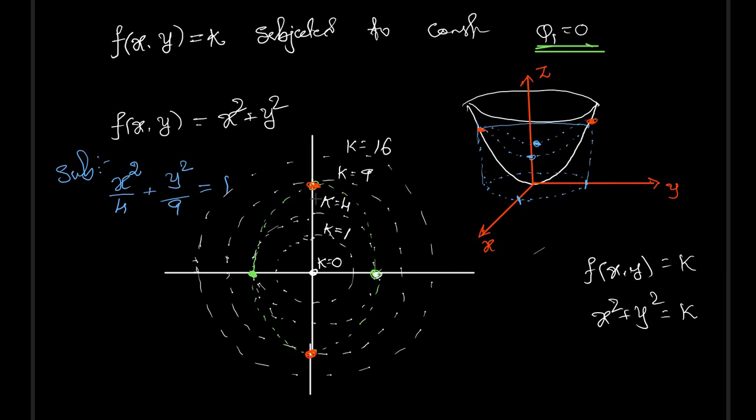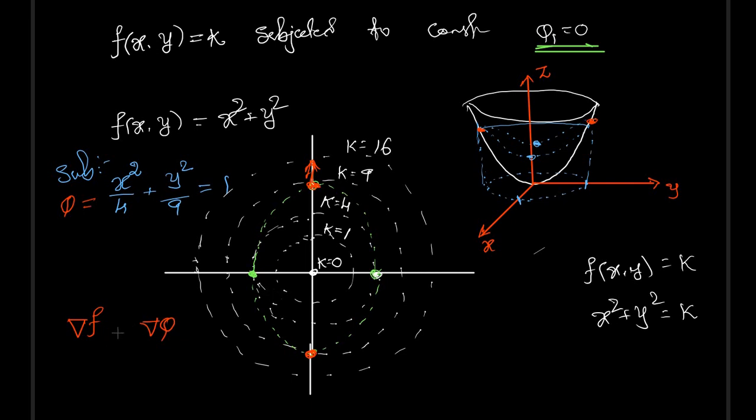But anyway, all I wanted to say is, at the point of maxima or minima, the constraint and the level curves are parallel to each other. It means their normal vectors are also parallel to each other, and you can find the normal vectors by using the gradient definition. The gradient of f will give you the normal vector to the level curve, and similarly let me assume the constraint is phi, and the gradient of phi will give you the normal vector to the constraint.